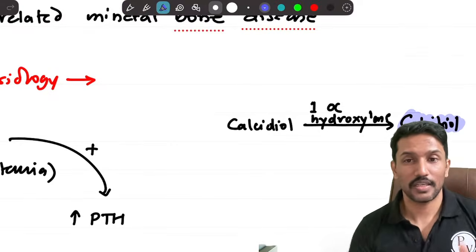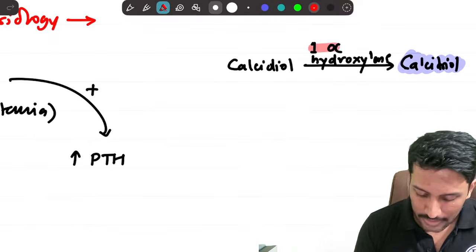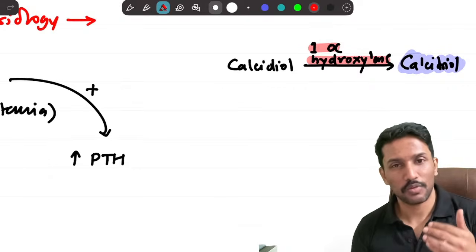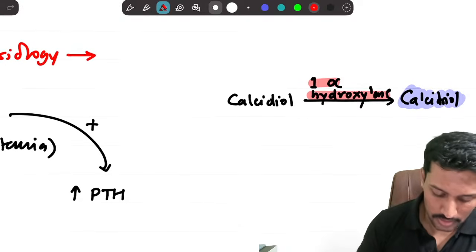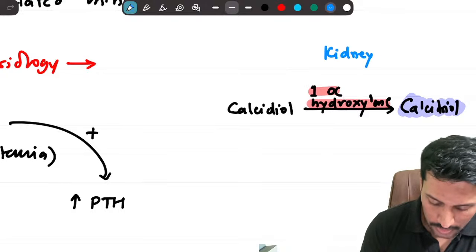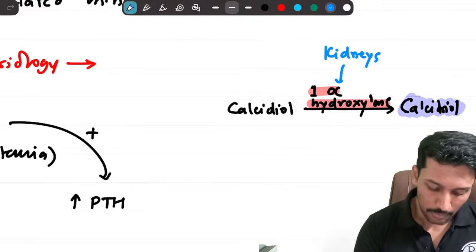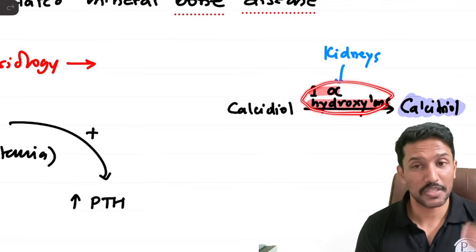So calcidiol is relatively less active, calcitriol is more active, and that conversion of the less active form of vitamin D to the more active form is done by 1-alpha hydroxylase, which is produced by kidneys. But if kidneys are dysfunctional, then the amount of 1-alpha hydroxylase expressed by kidneys is less.